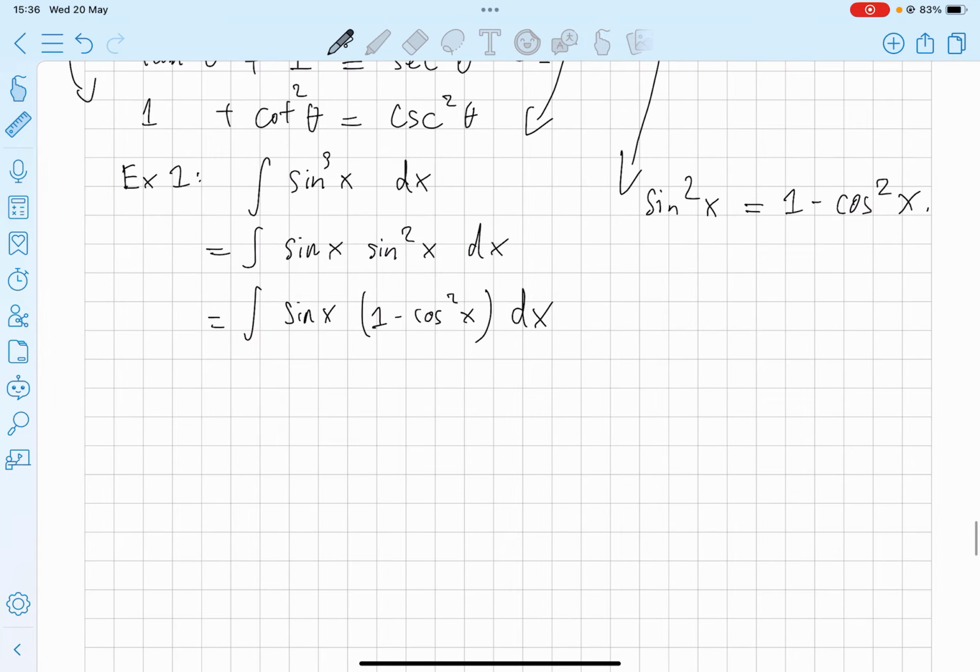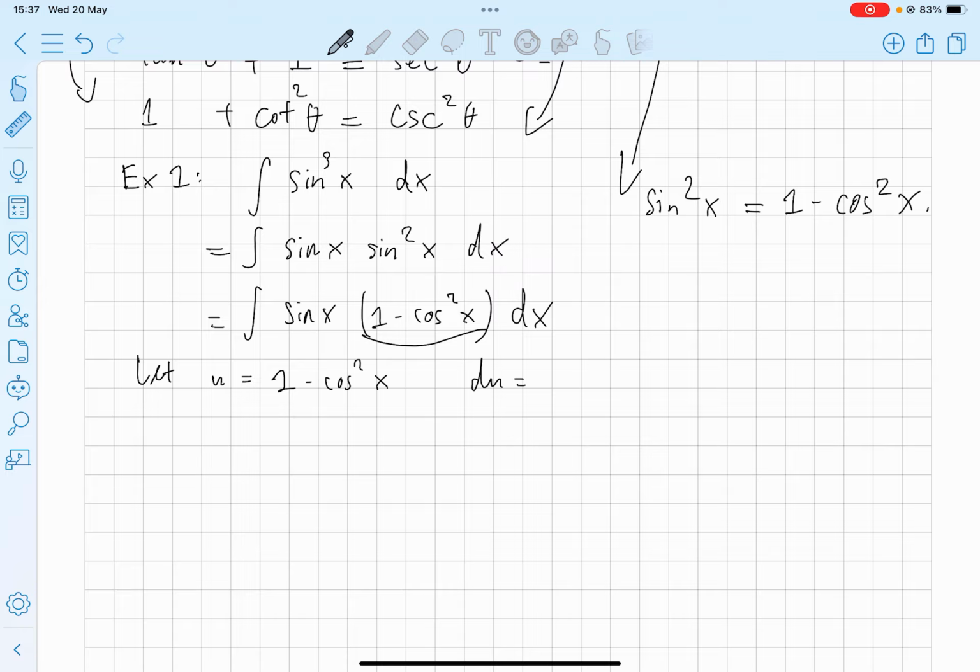From this you will use the method of substitution. What will you substitute? Let's say you let u equal 1 minus cosine squared of x.